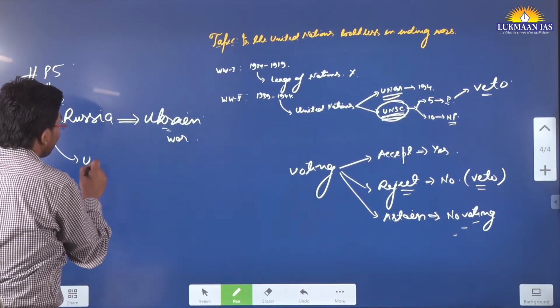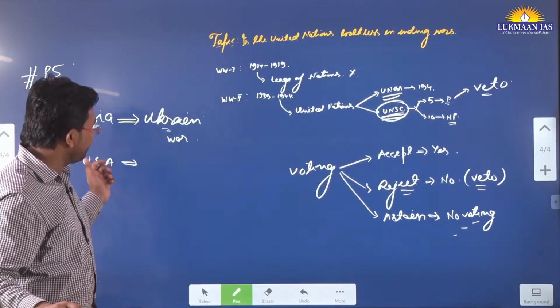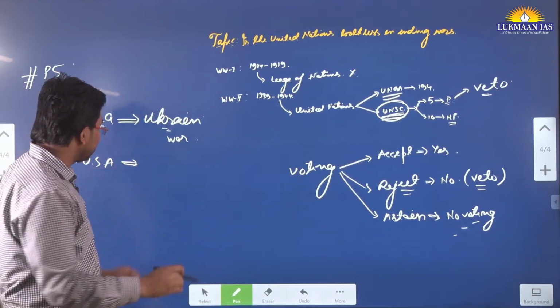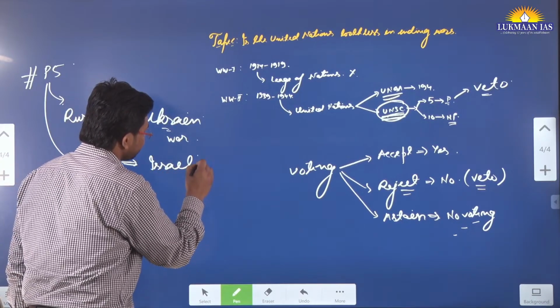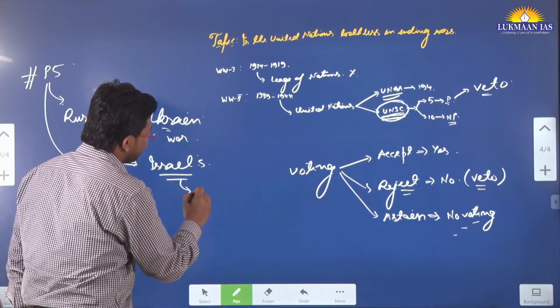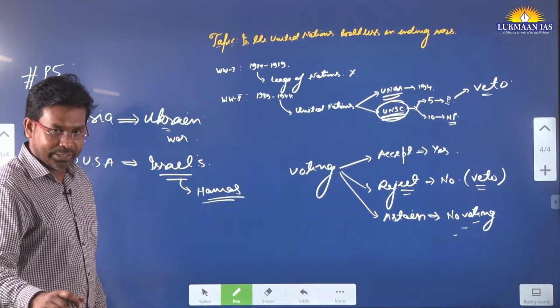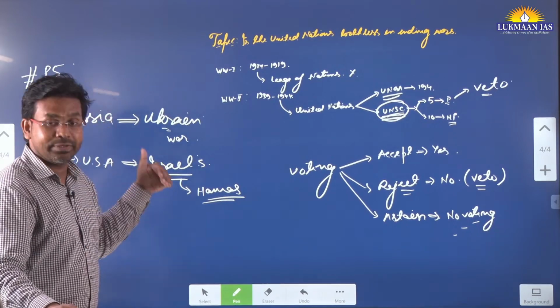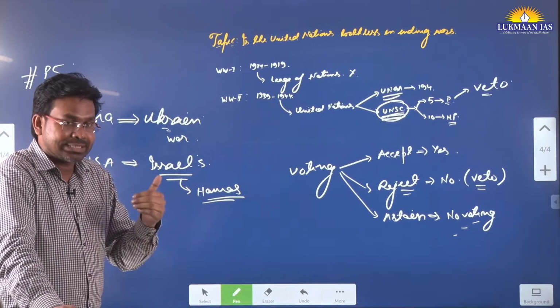If we talk about the United States of America, USA is not directly involved in other countries' wars, but it is supporting Israel's stand, right? Israel's stand related to Hamas, which is leading to the killing of a huge number of civilians. Huge numbers of civilians are getting killed because of, let's say, USA's stand.